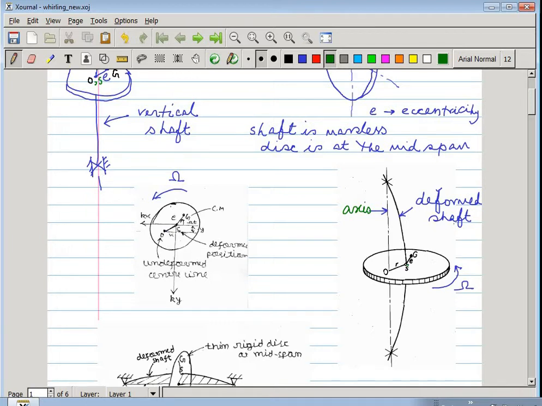So the location on the shaft where the disc is mounted is shifted from the axis of rotation by a distance we call small r, which is OS, and G is the center of mass. So this is what happens in the plane of the disc.